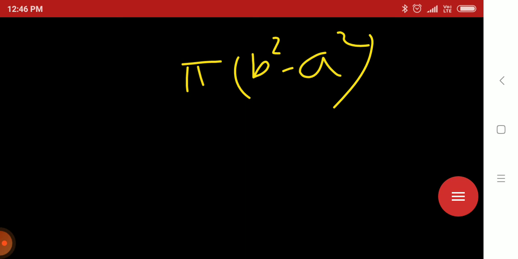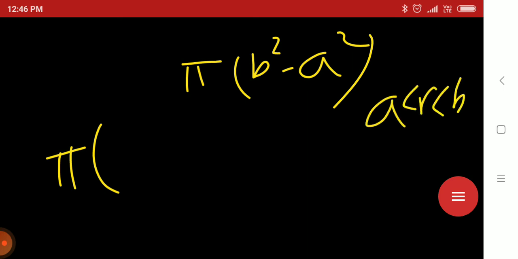And when the Gaussian surface of radius r is there, the area at a distance r, with A less than r less than B, that area portion is pi times r square minus a square.